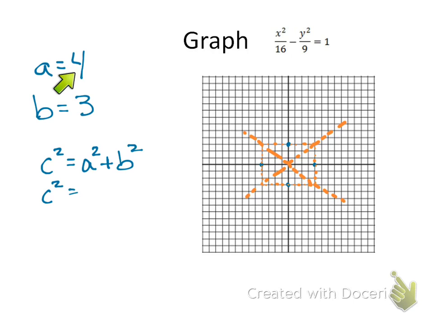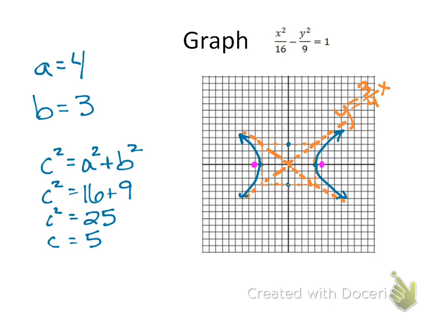A squared will be 16. B squared, since b is 3, b squared will be 9. So our focus distance will be on the x-axis going right and left 5. And for this asymptote, because the intercept is 0, we're not going to put the plus 0 on the end.